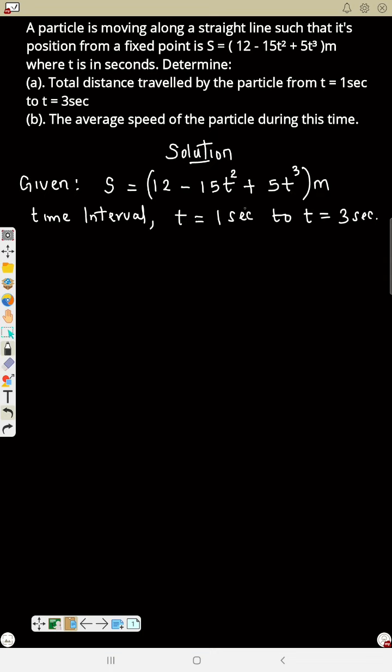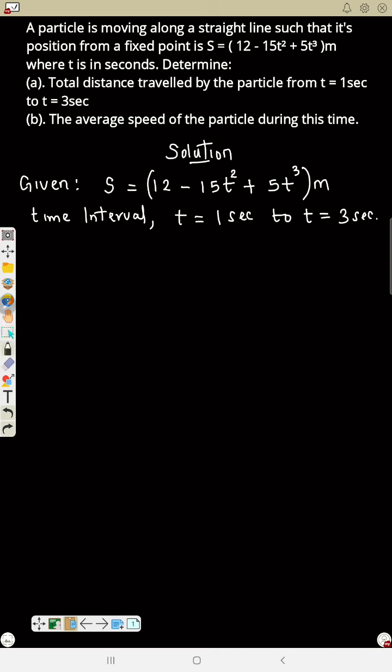If it is displacement, it's easy to just put t = 1 and t = 3 and subtract. But for distance, you must consider the total time it covers. That means from t = 1 second to t = 3 seconds, the times it covers will be t = 1, t = 2, and t = 3.